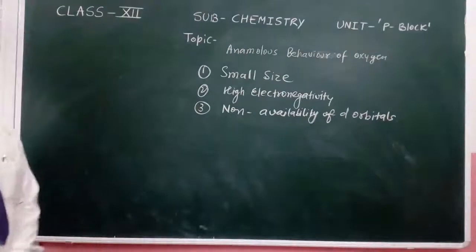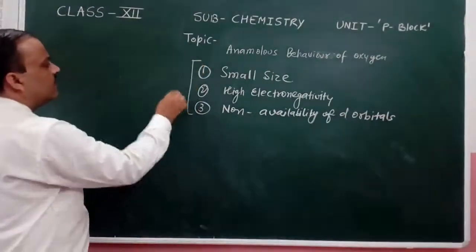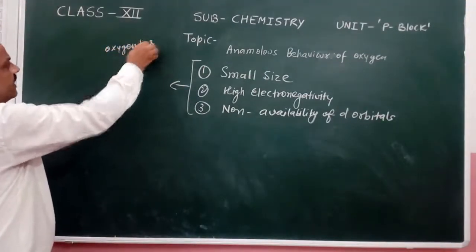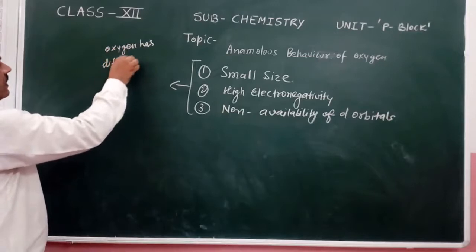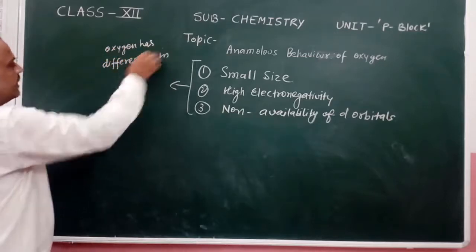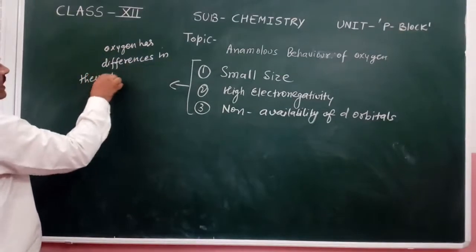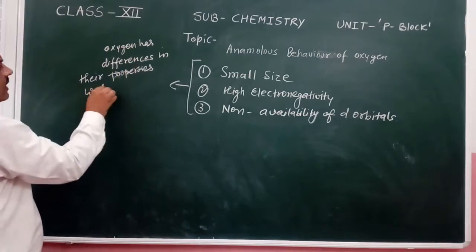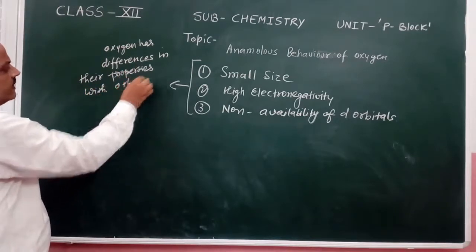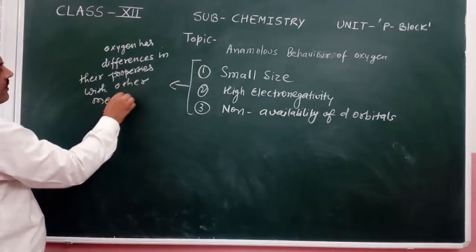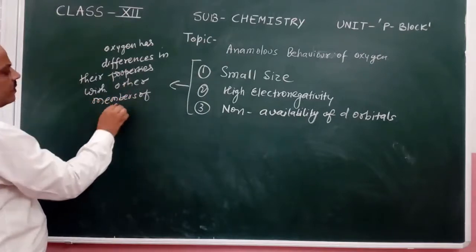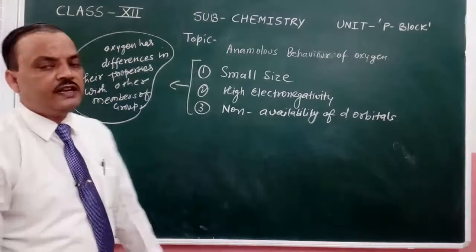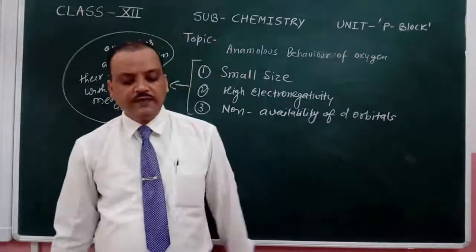These are the reasons on the basis of which oxygen has differences in its properties with other members of the group. In comparison with the other members of the group, oxygen has different properties.